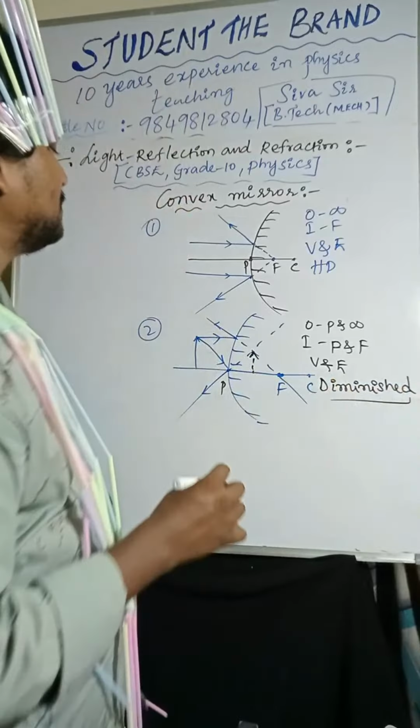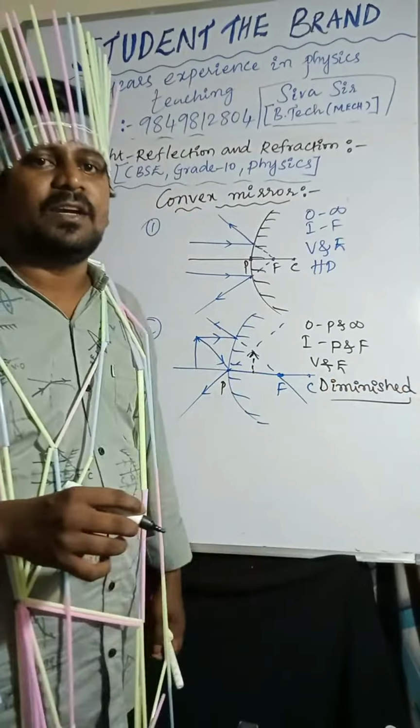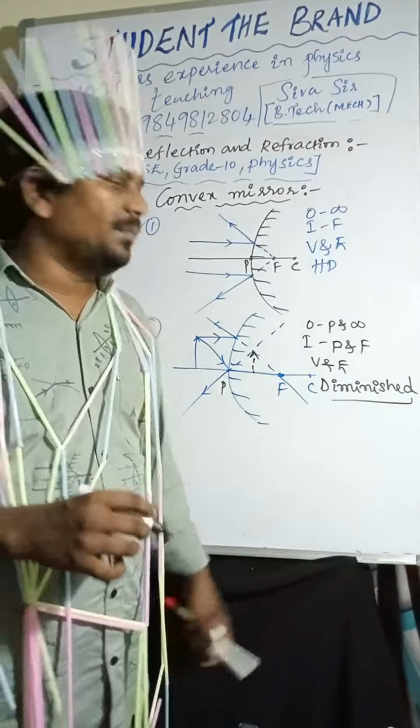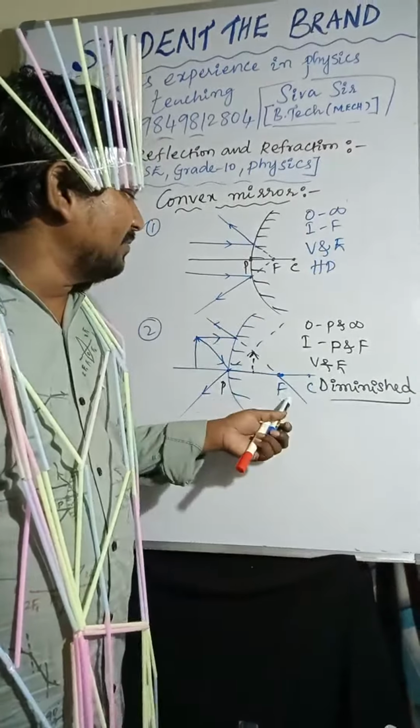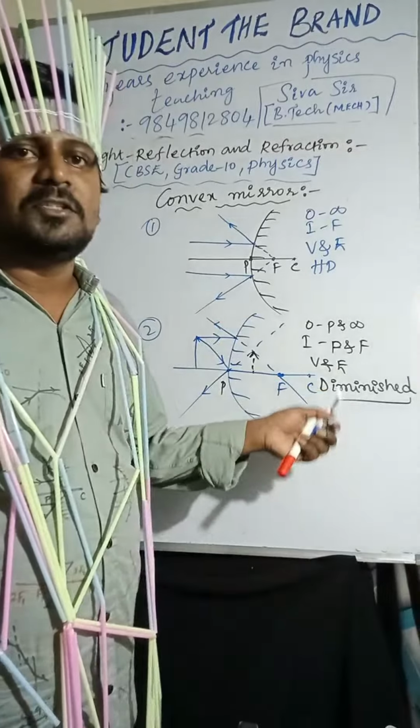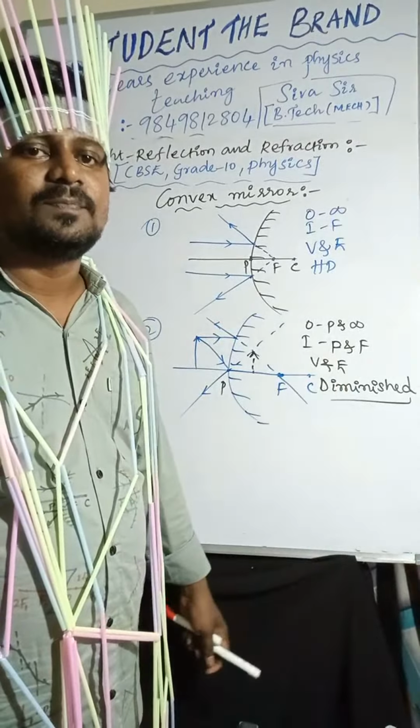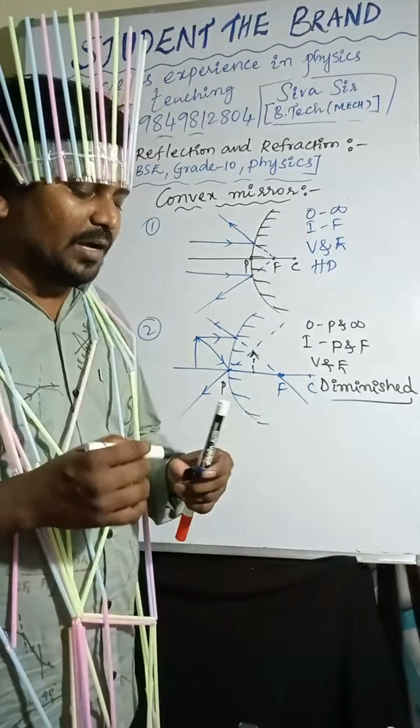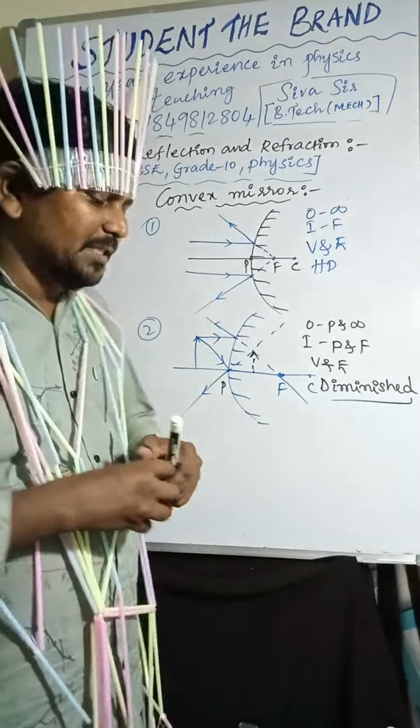So object is placed between P and infinity. Image is forming between P and F. Nature of the image virtual, erect, and diminished. So this is about convex and concave image formations.